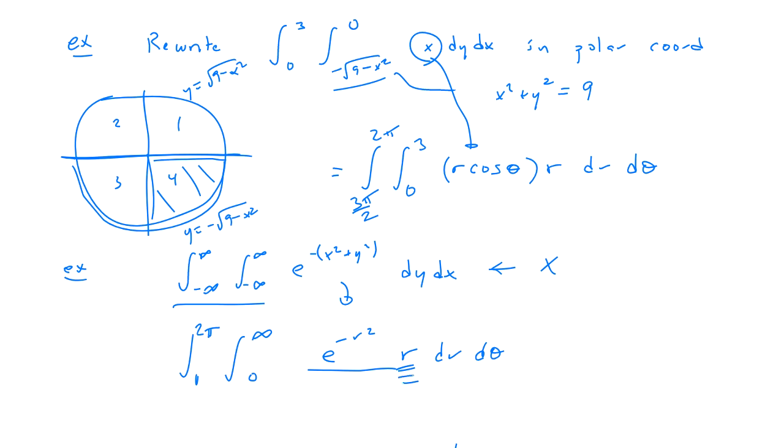Now, I've done it twice. This is again one where we let u equal the exponent, except now it's a negative. And so that's going to become a negative 1/2 e to the negative r squared.